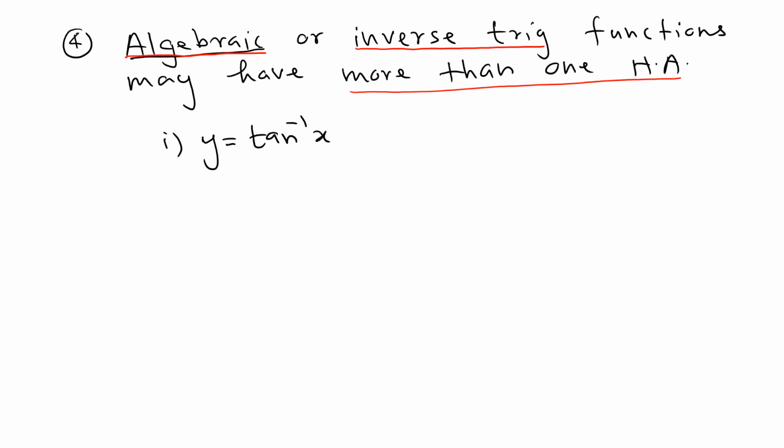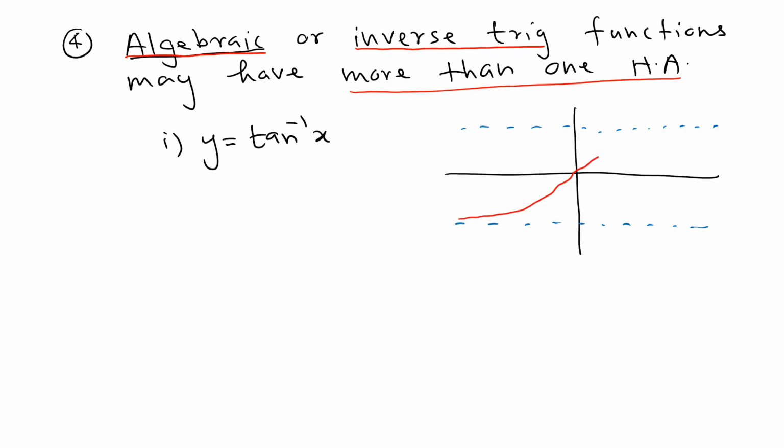If you look at the graph of tan inverse x, you already know this graph. It looks like this, and you can see there are two horizontal asymptotes for this one. One is negative pi over 2, and the other one is positive pi over 2.